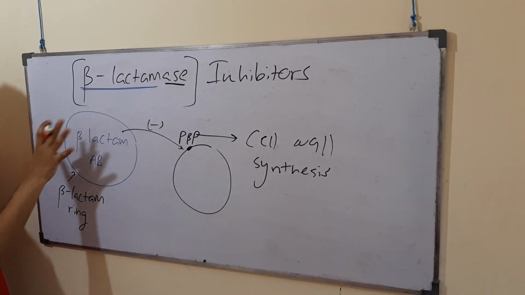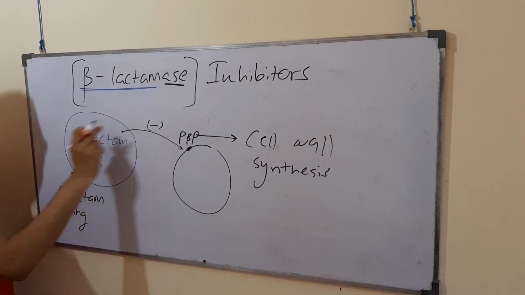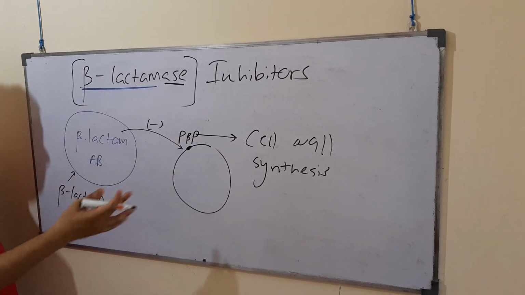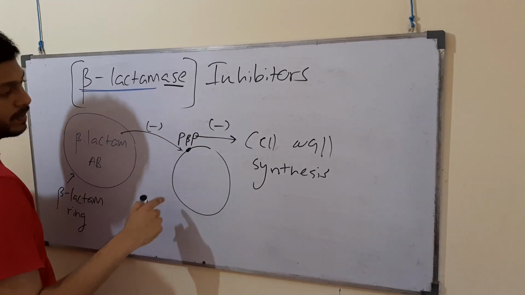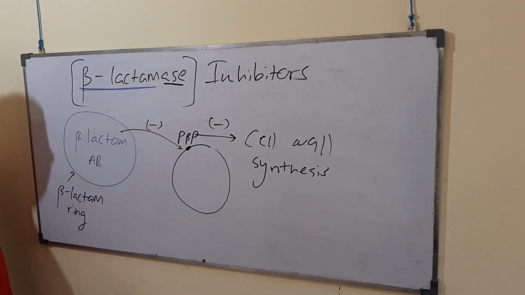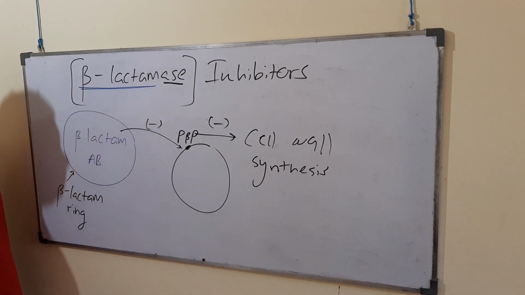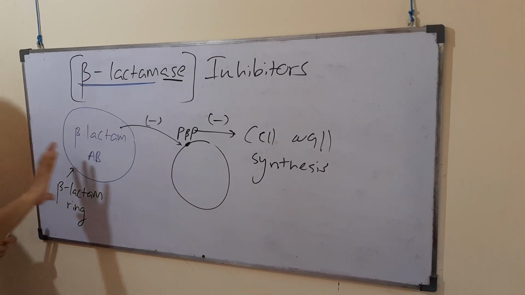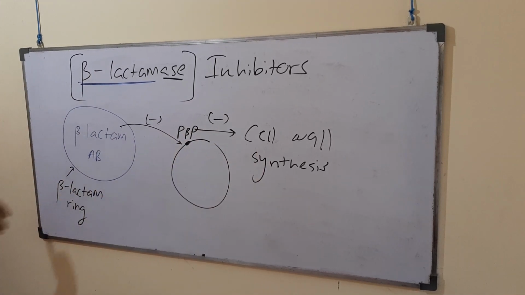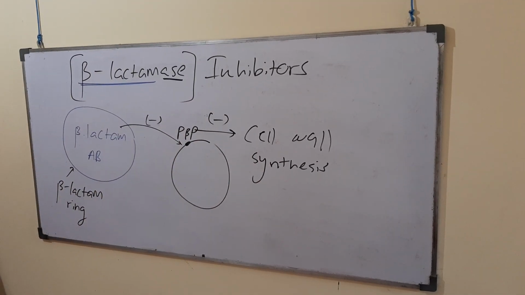What these antibiotics do is inhibit this PBP from carrying out its action, which means the cell wall synthesis of the microbe is inhibited, which results in bactericidal activity or destruction of the bacteria. So that is the general mechanism of action of these beta lactam antibiotics, which we talked about earlier.